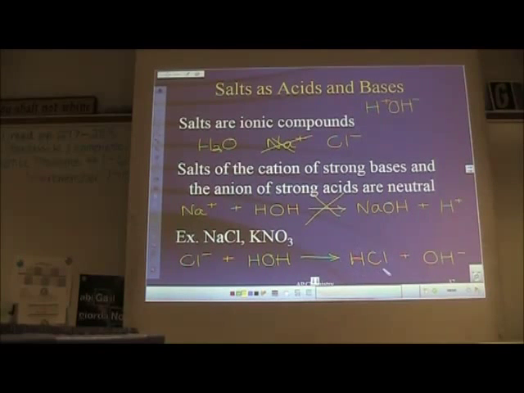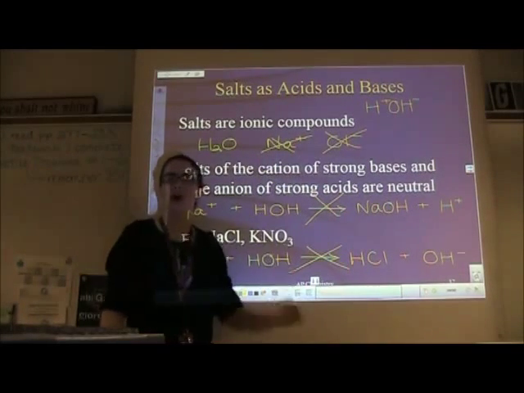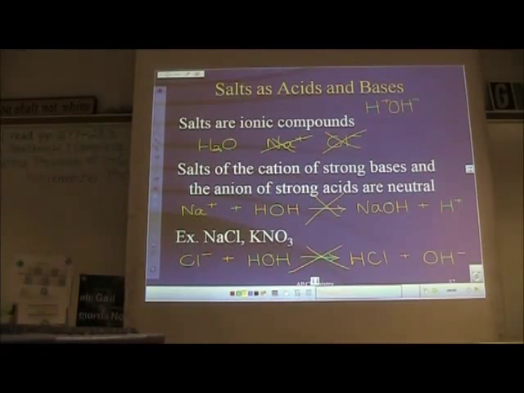Strong acid? What does that mean? Completely dissociates. Does not form. This is also not going to happen. If these two things are not going to react at all, guess what the pH is? 7. No part of that salt is going to react.